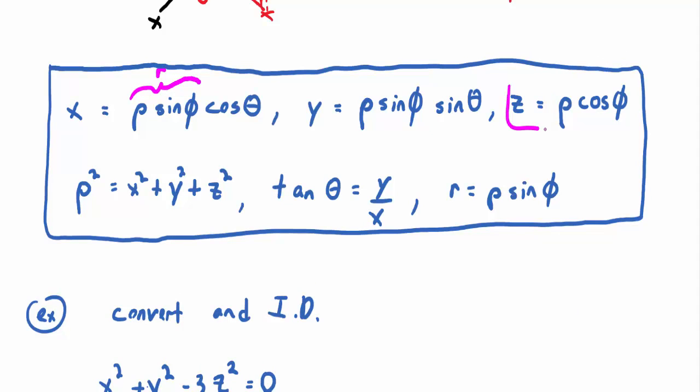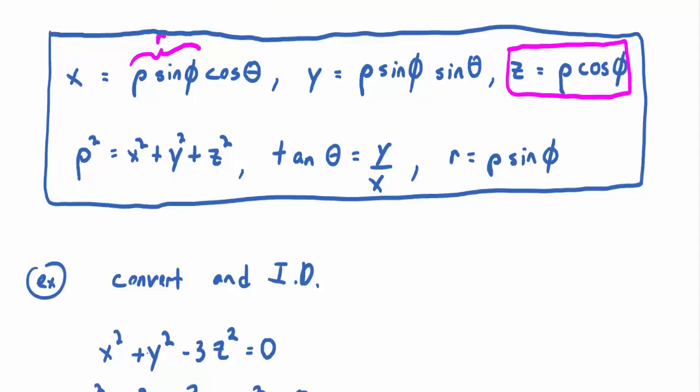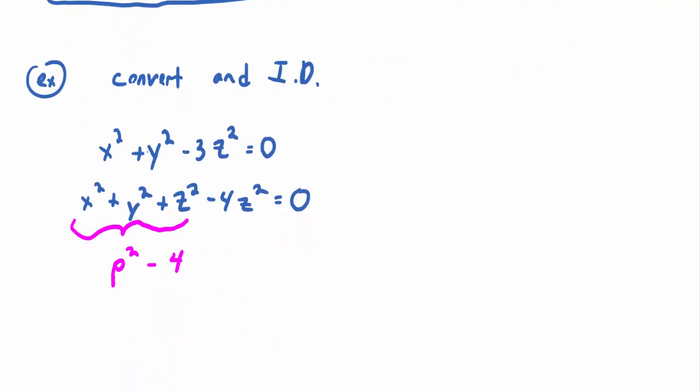Z equals rho cosine phi, doesn't it? Okay. So if you plug that in, then we actually get rho squared minus 4 times rho squared cosine squared phi, right?